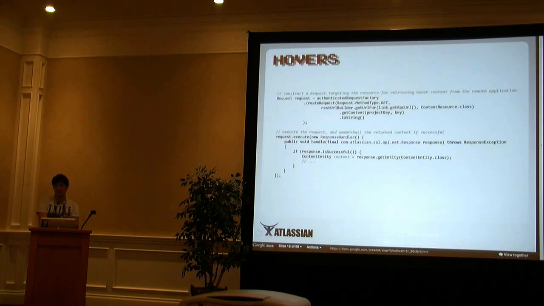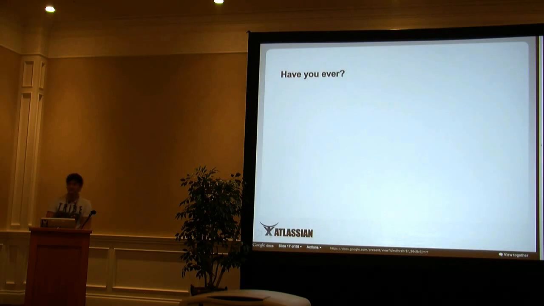That content resource returns the HTML for the particular issue or Crucible review or Bamboo build or whatever you're looking at in the remote Atlassian application. And then when we execute the request, if it's successful, we unmarshal that straight into a content entity object, ready to be used. So I think that's about enough on REST for the moment. Let's move on to the next component.